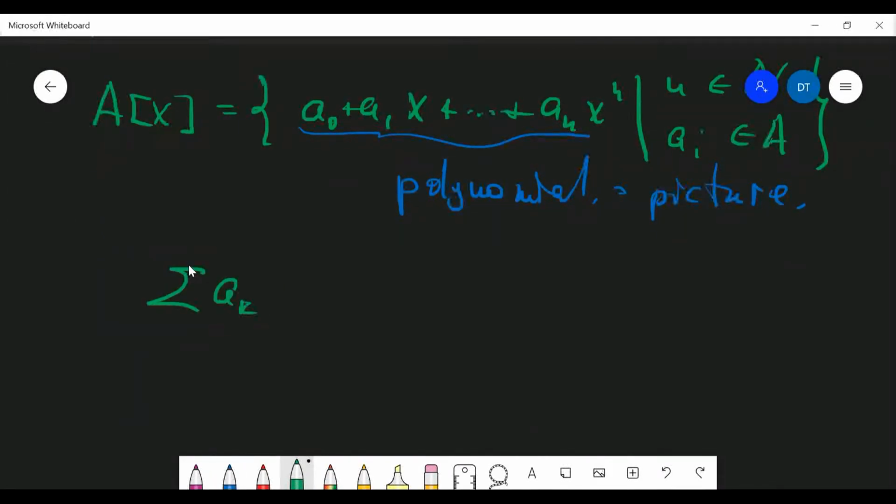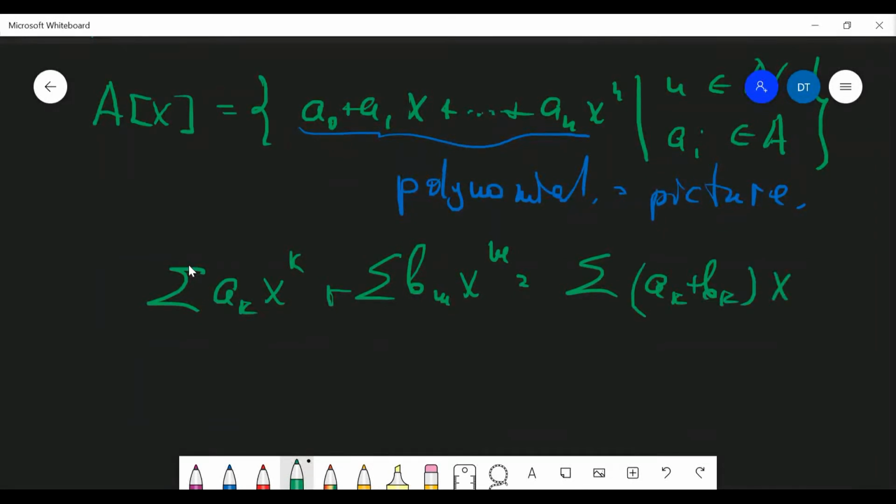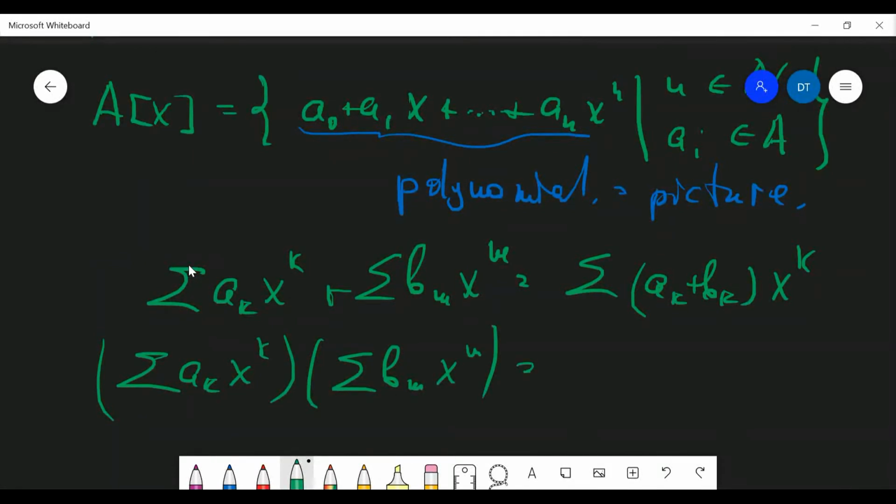So if you want to add 2 polynomials together, you just add them coefficient-wise. And if you want to multiply 2 polynomials together, you just use this formula where a_k times b_m, sum through all k plus m equals d, and then sum for all d, x to the d.